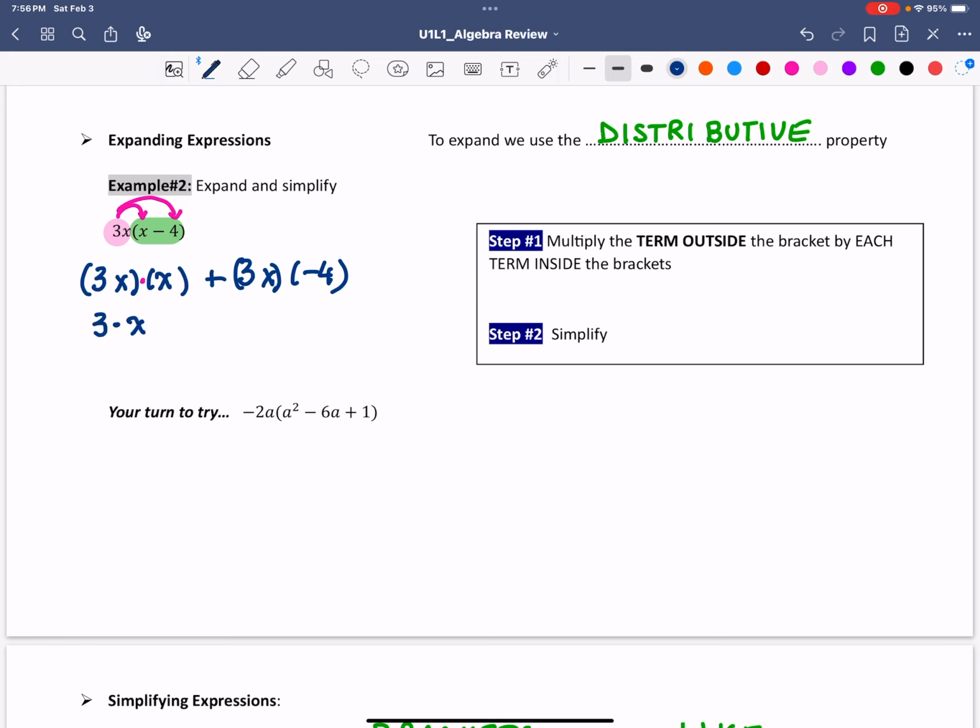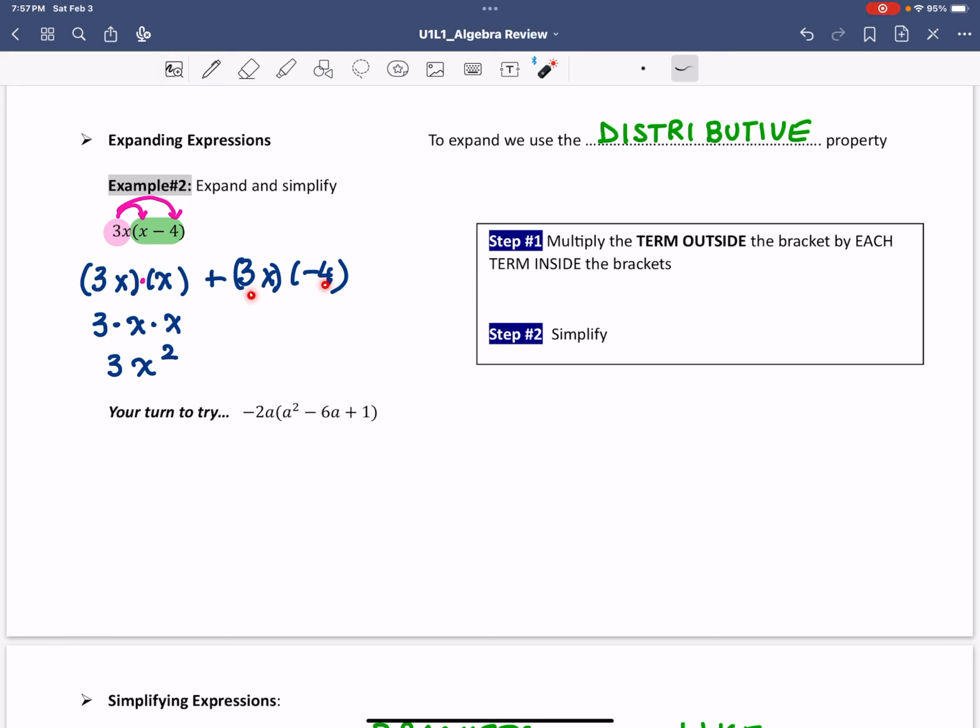I know you know this, but I just want to make sure that we understand what's going on here. So 3 times x will give 3x to the power of 2. In multiplication, we have to add the powers. When you see no exponent, it means the exponent is 1. So you add the 2 exponents, and you make 3x to the power of 2 here.